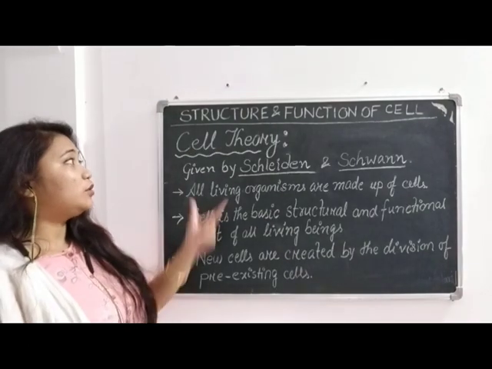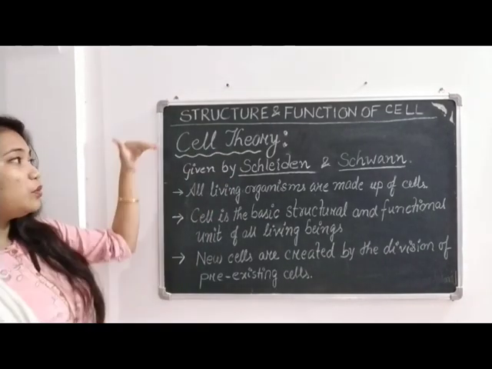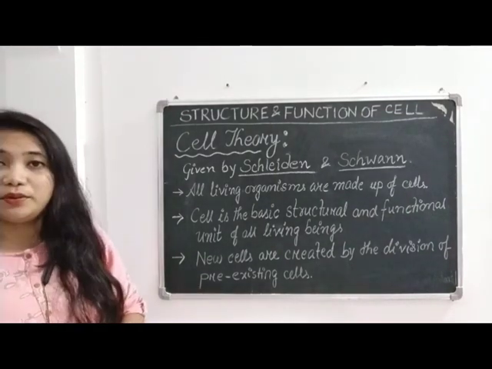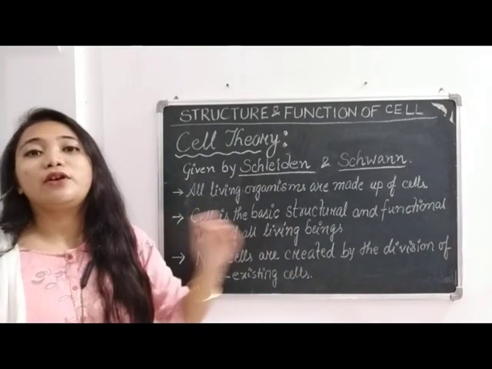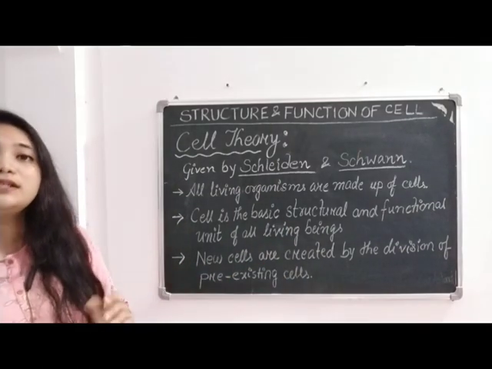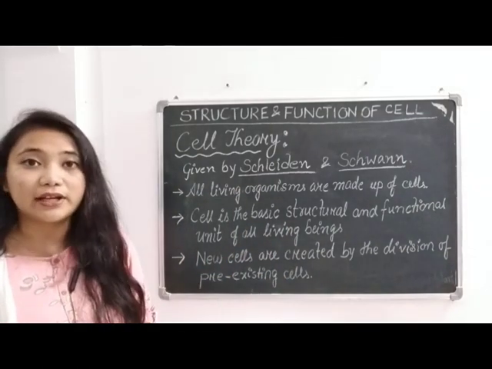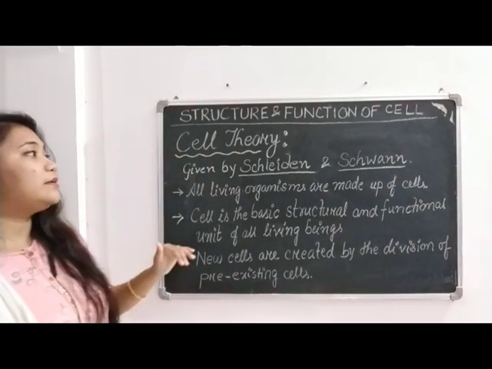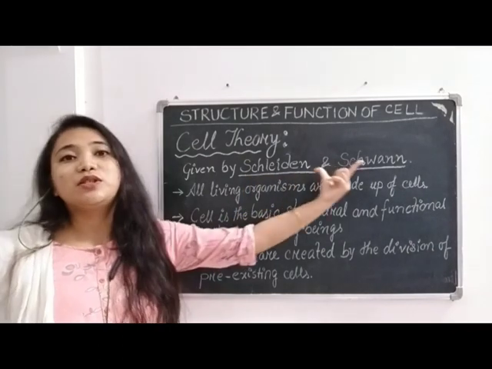So now come to the cell theory. In cell theory, we will see the relationship between the cell and the living organism, that is, how a cell is related to living organisms. This cell theory was given by Schleiden and Schwann.